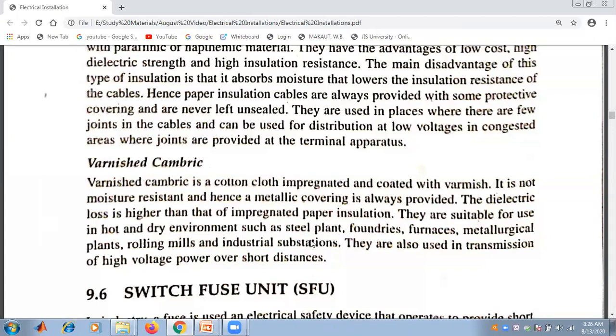They are suitable for use in hot and dry environments such as steel plants, foundries, furnaces, rolling mills, industrial substations, and others. They are also used in transmission of high voltage power over short distances.